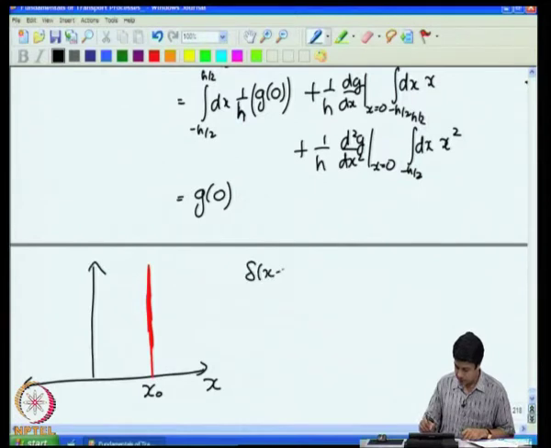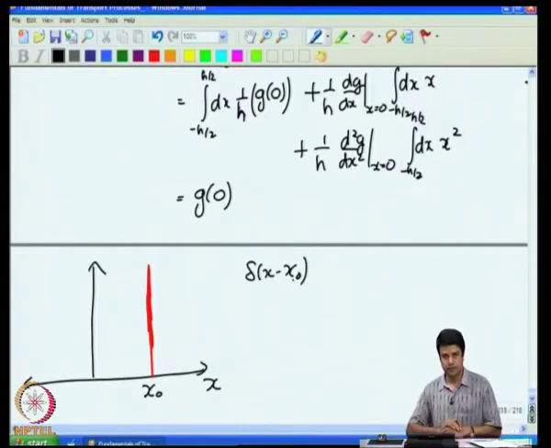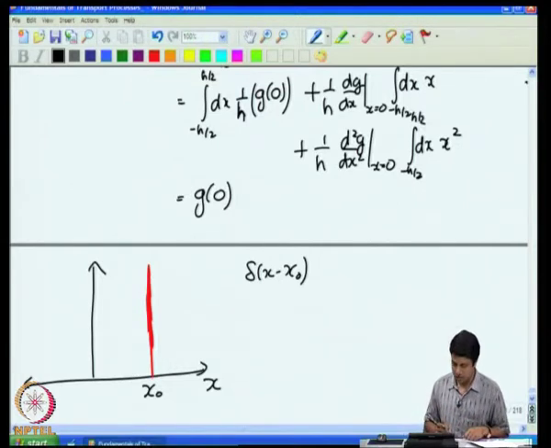Delta of x minus x 0. So, I have just shifted the origin of my coordinate system to x 0 and I defined the delta function at the location x 0 as delta of x minus x 0. So, this has exactly the same properties as delta of x, except that in the case of delta of x, x 0 was exactly equal to 0. So, the same properties carry over here as well.